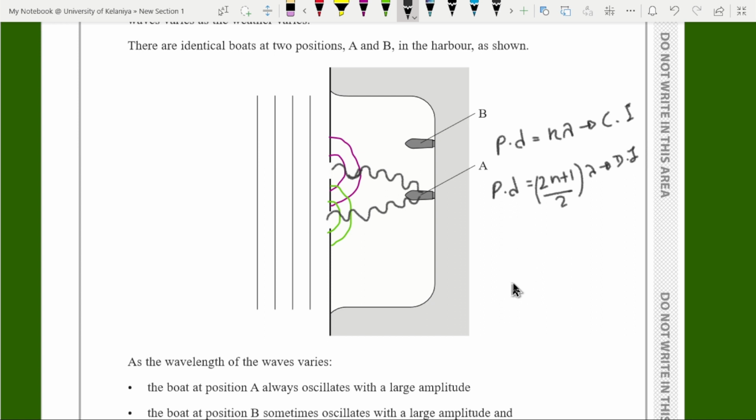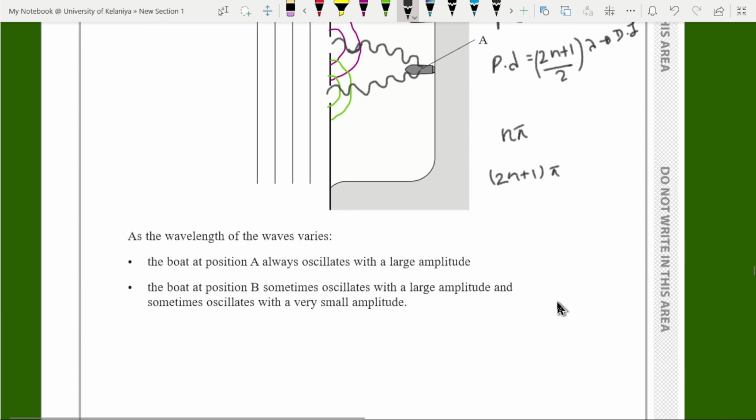If the phase difference is n times 2 pi, it is constructive interference. If it is (2n plus 1) times pi, it is destructive interference. So I'm going to use it in terms of lambda.